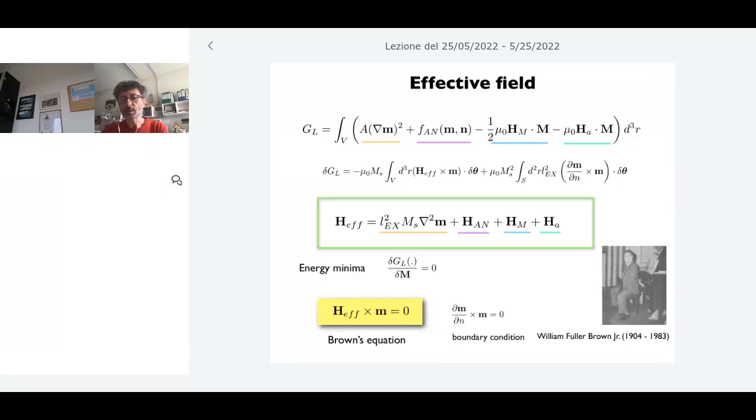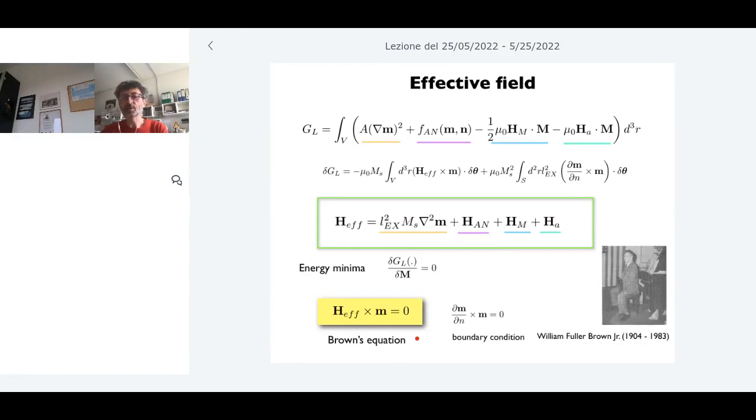And he also made an important passage because he discussed the idea of functional minimization of this functional. And what you find at the end, and this is quite important, is that the possible solutions of these micromagnetic problems always have to satisfy what is called the Brown equation. That is, instead of the field, Brown introduced what is called an effective field.